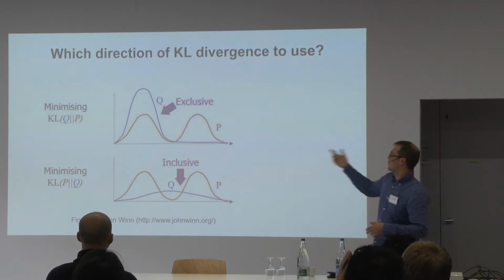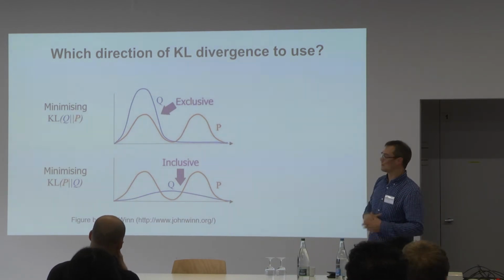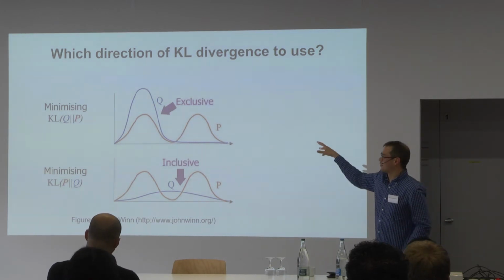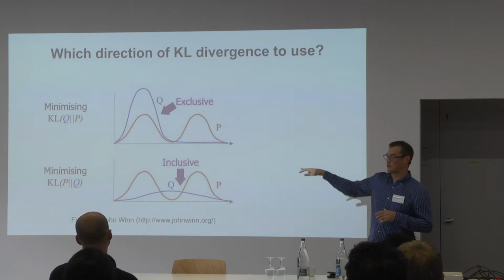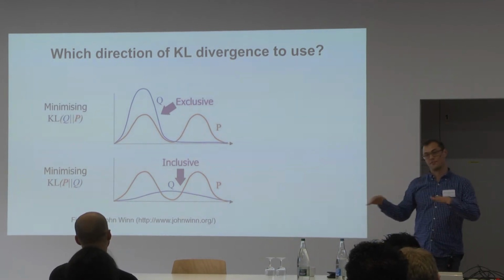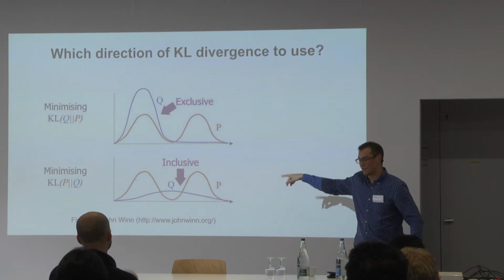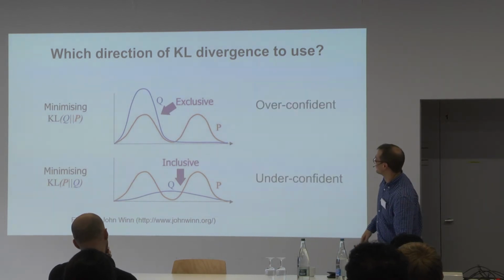So if we choose one direction of KL divergence where Q is on the left, then this metric basically would rather have Q explain one mode and not both. But if we chose this other metric where Q is on the right, then we'd actually rather have Q cover both modes, even if it seems less precise and sort of gives a little bit too much uncertainty over the problem.